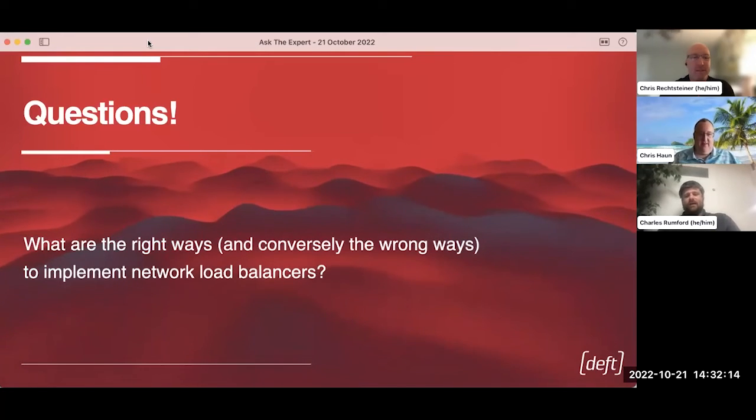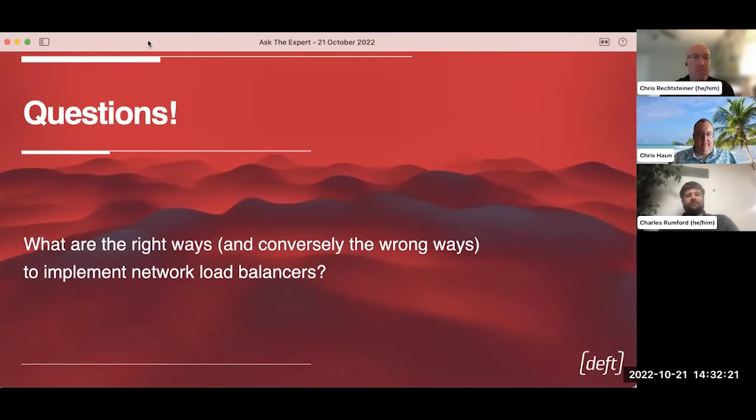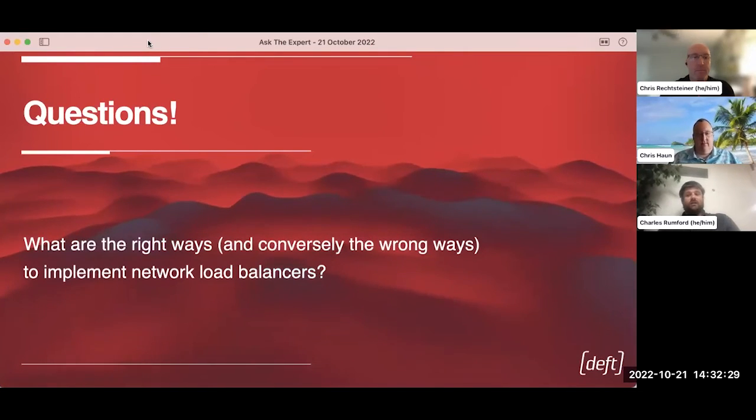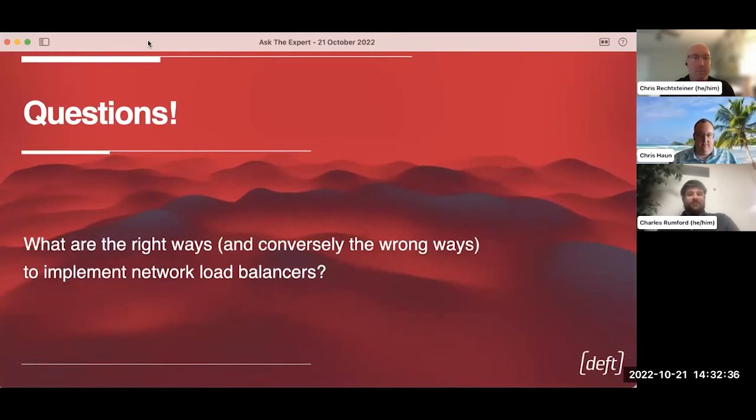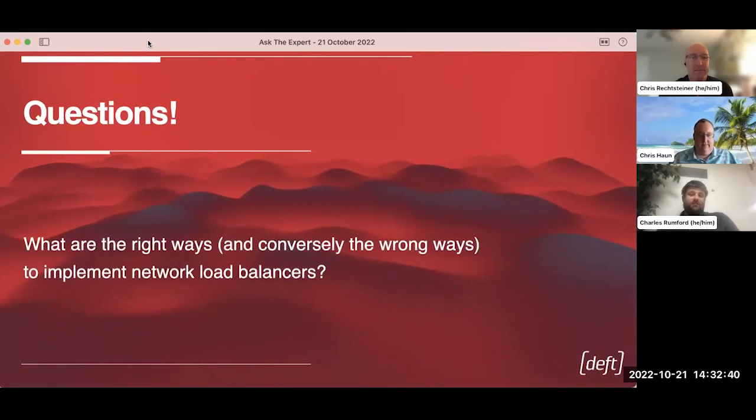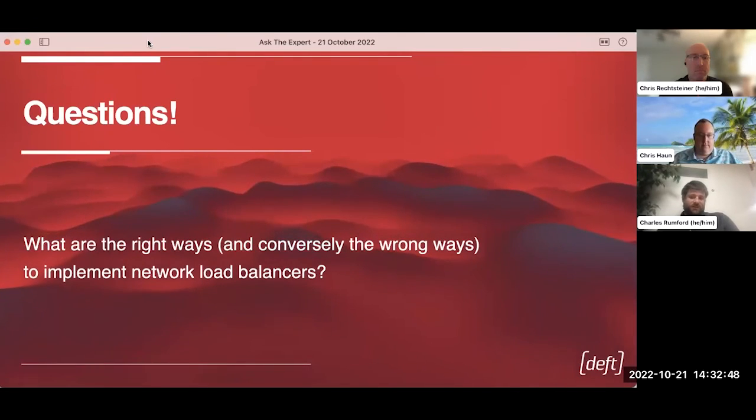Yeah, I wouldn't necessarily call this the wrong way, but it definitely raises cost-benefit analysis questions about putting a load balancer in front of a single server. I am going to step on my soapbox for a moment and basically be like, if you're using a load balancer to transition between public IP space and a private server, you should consider just putting that server on a public IP address.